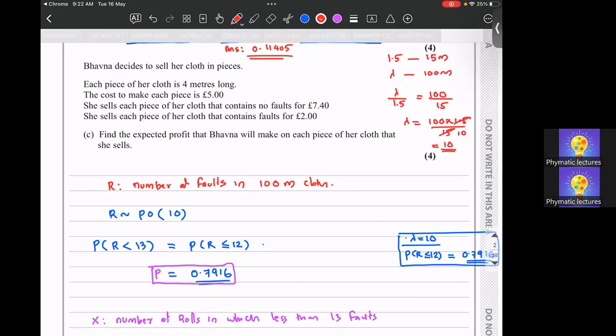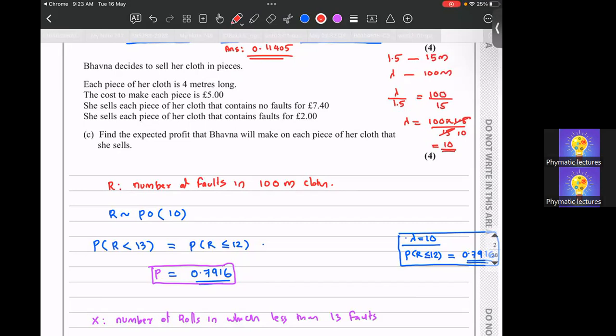If it has no faults, she sells it for 7.4. So the profit she will be gaining is 2.4, because 7.4 minus 5 is 2.4. But if it has, unfortunately, a fault, then she has to suffer a loss of 3 pounds. Why? Out of 5, she is only getting 2, correct? So that is the idea.